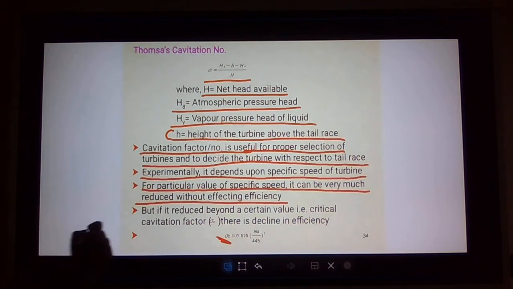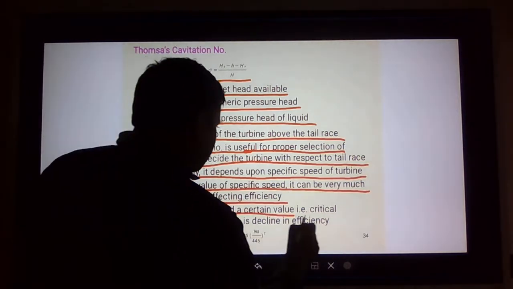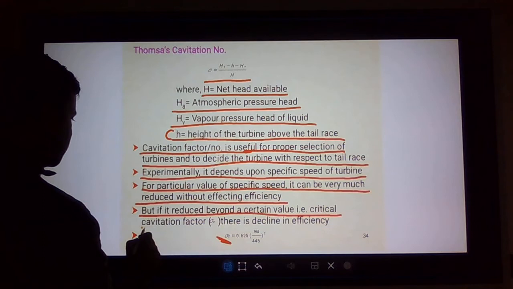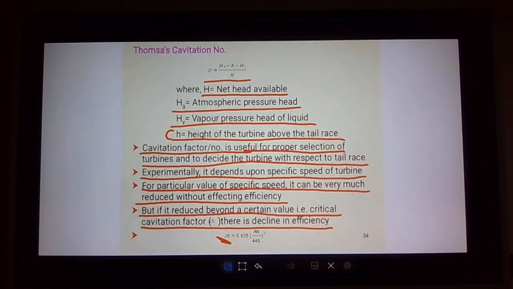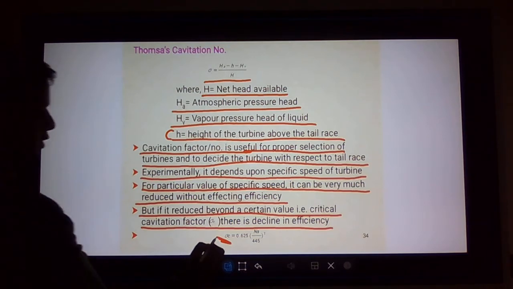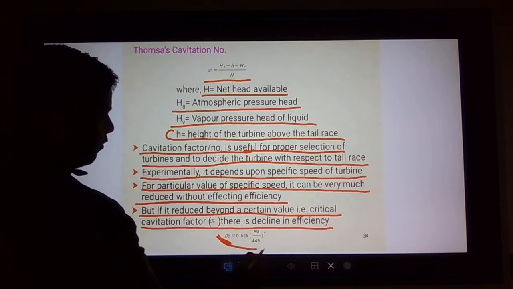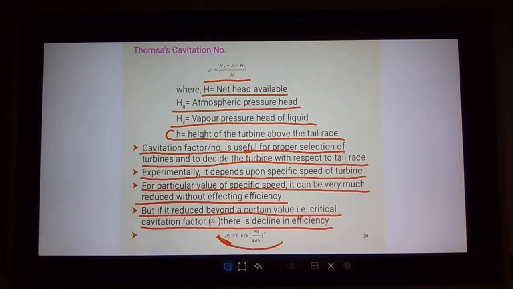Okay, but if it is reduced beyond a certain value, the critical cavitation factor sigma c, there will be a decline in the efficiency. Although you will require a smaller Thoma cavitation number for the cavitation not to occur, you cannot reduce this sigma much below the critical value of this cavitation factor.